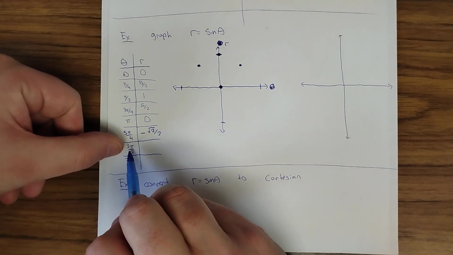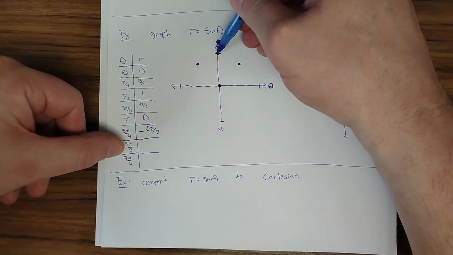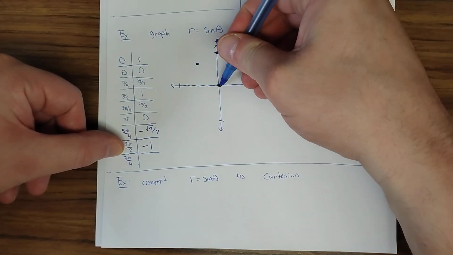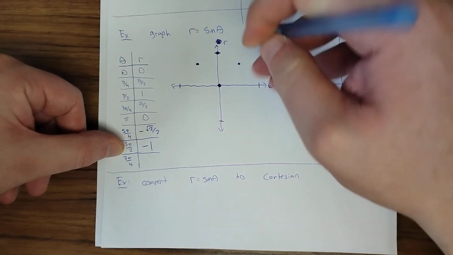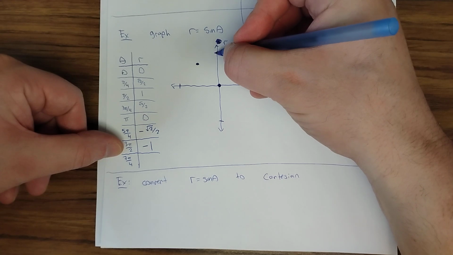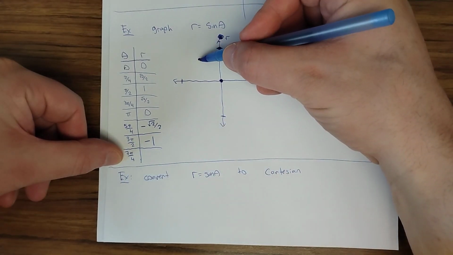And actually 3 pi over 2 is just going to find this point again, because sine of 3 pi over 2 is negative 1, and so I would be pointing down that way, but r is negative 1, so I go the opposite direction, so I just cover this point again. And then the next value of theta is just going to cover this point again.